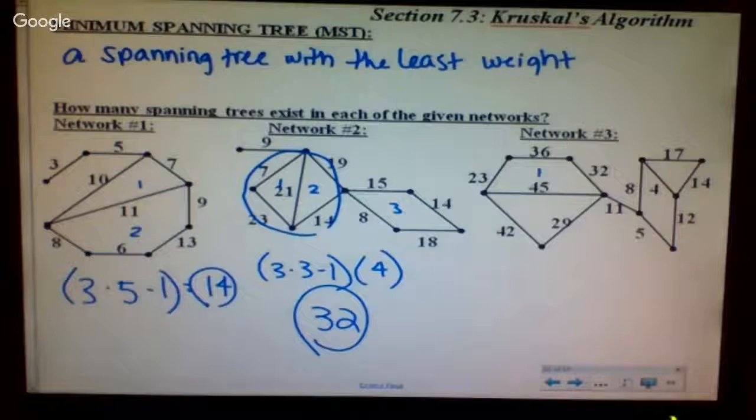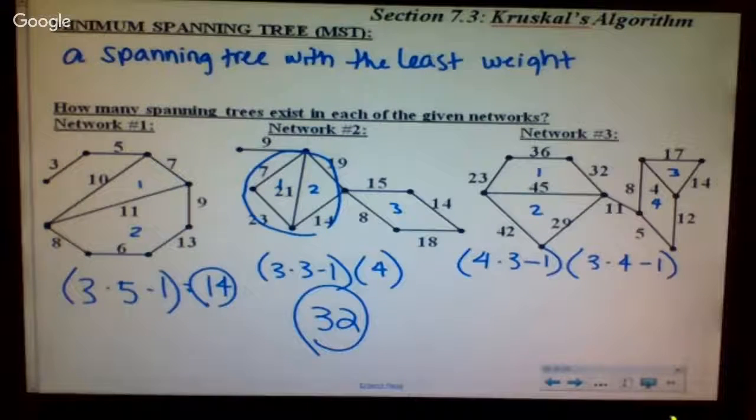This last one, I have 4 circuits. 1 and 2 share a piece in common, so 4 times 3 minus 1. And 3 and 4 share 1 in common, so 3 times 4 minus 1. It's 11 times 11. So I have 121 different options.